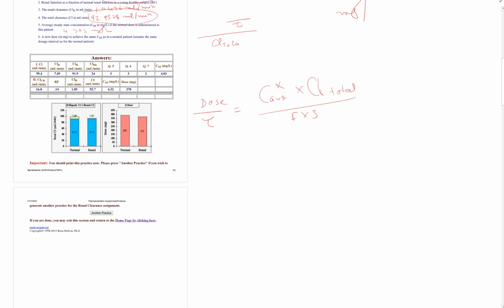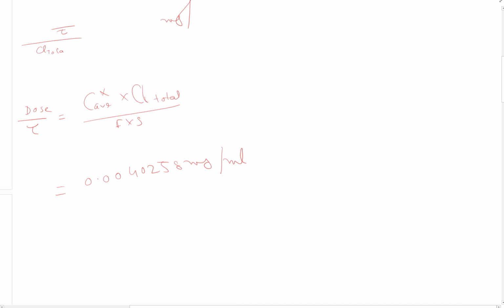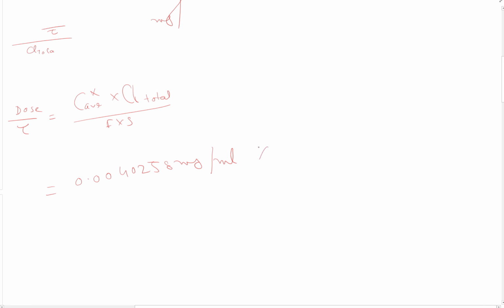So our target C average, converted from liter to milliliter, is 0.0040258 milligram per milliliter, times the new CL total, 92.9528 milliliter per minute, divided by F, which is 0.735, times 1.